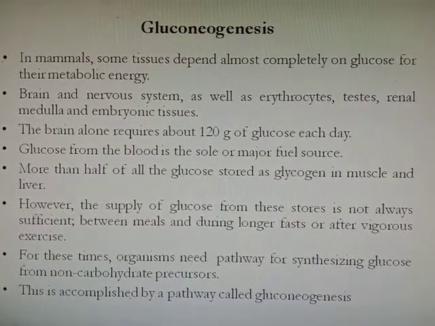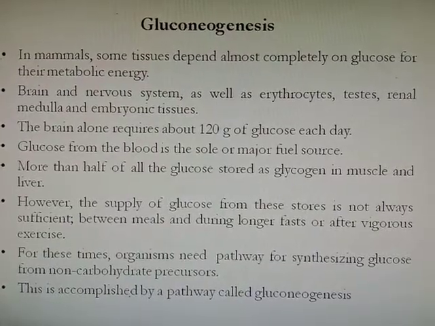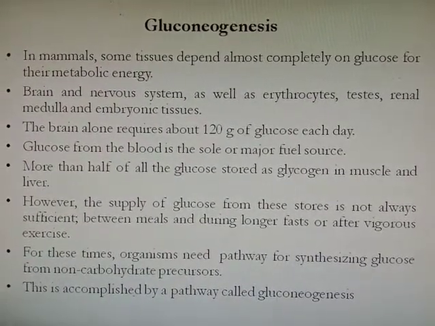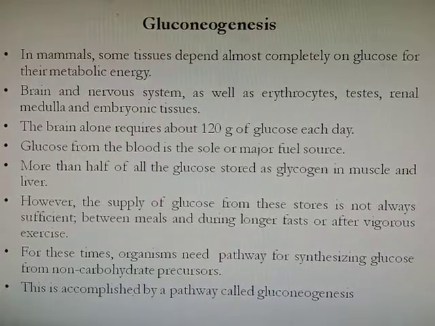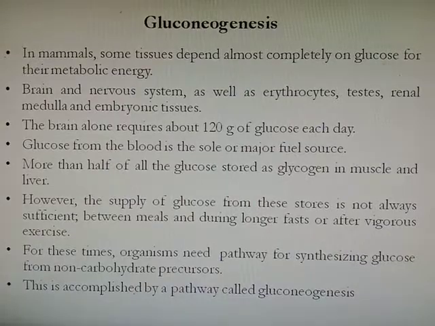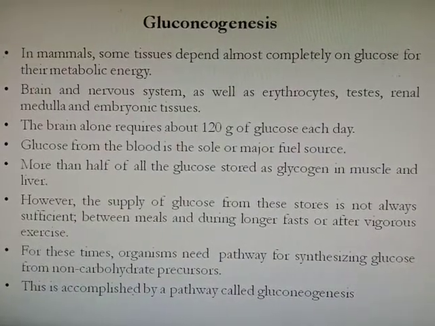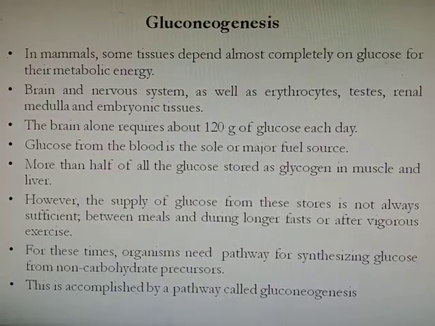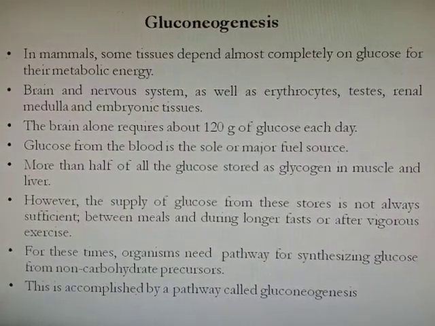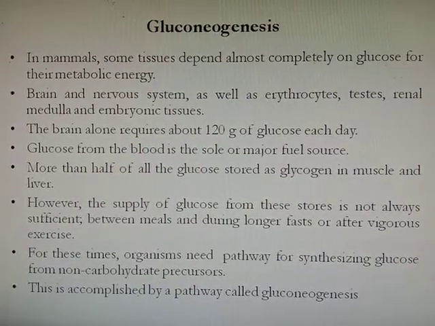More than half of all the glucose is stored as glycogen in muscle and liver. Whenever we take carbohydrate, the required amount of glucose is transferred to the brain, nervous tissue, erythrocytes, testes, renal medulla and embryonic tissue, whereas 50% is stored in the form of glycogen in muscle and liver. However, the supply of glucose from these stores is not always sufficient.